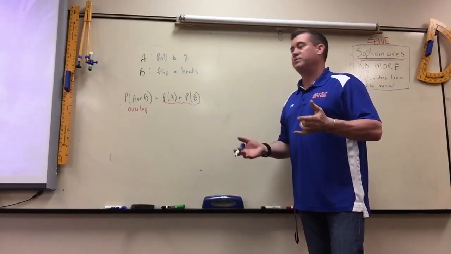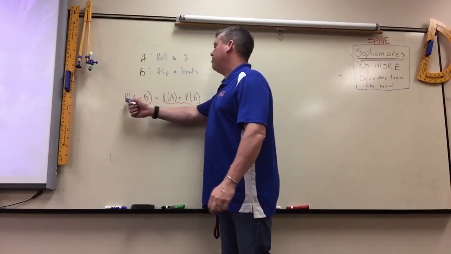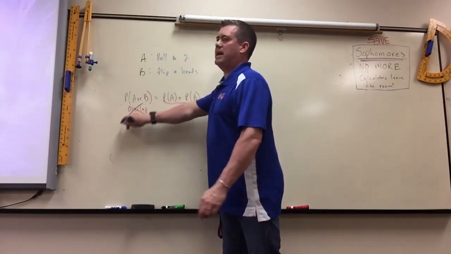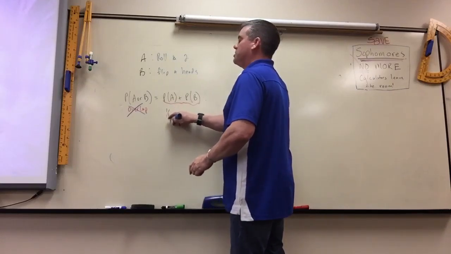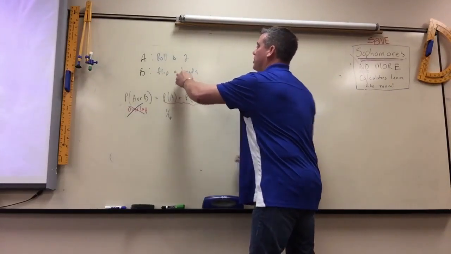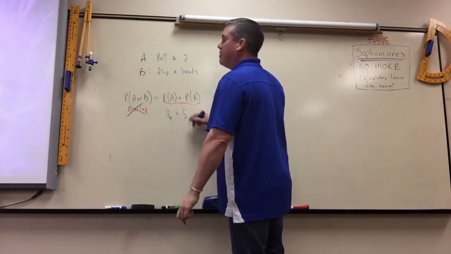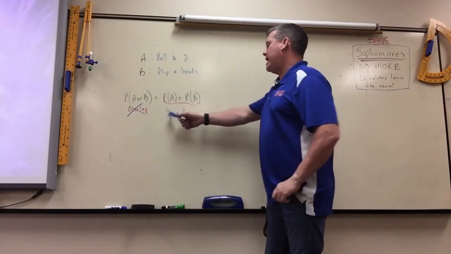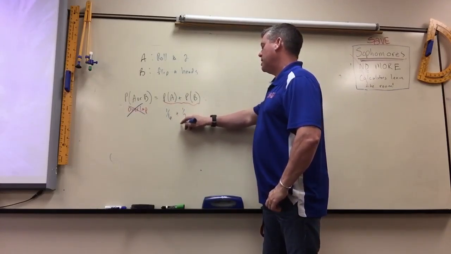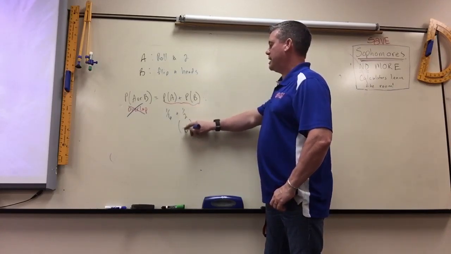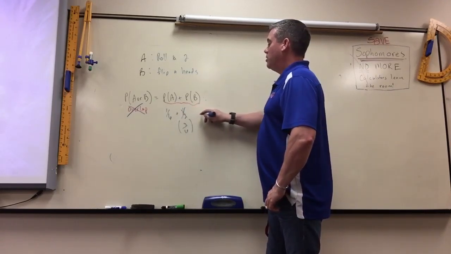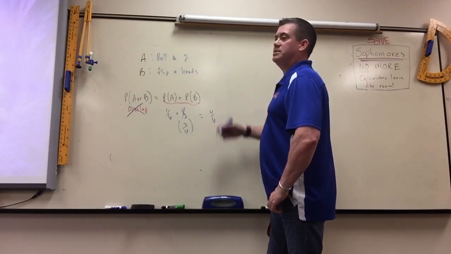They're two separate things. So then to find P of A or B, they don't overlap. So you just find the probability of A is 1 out of 6. The probability of B is 1/2. When you add fractions, remember you need a common denominator. 6. 2 goes in there 3 times, so take that times 3. So that would be 4/6.